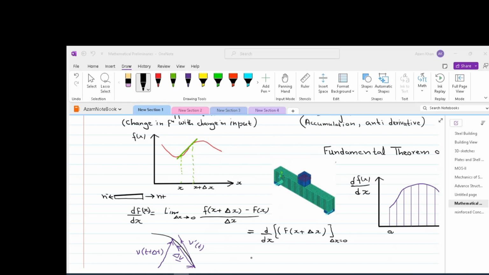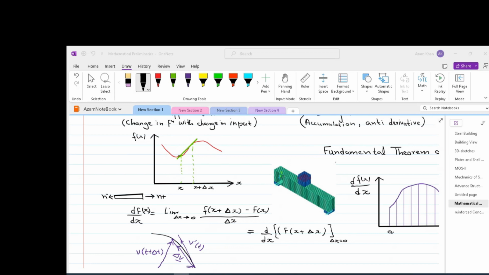Now, the rate of change of a function is important to find out the peaks and valleys in the function. If we want to find the maximum value of a function, we can find df by dx at different intervals. If df by dx is increasing, that would mean we are approaching a valley.